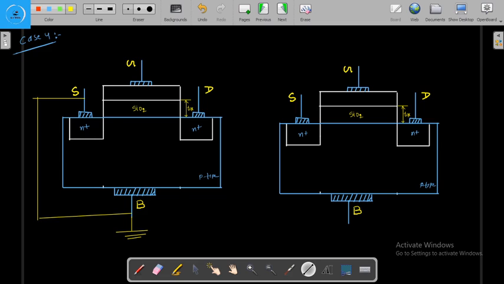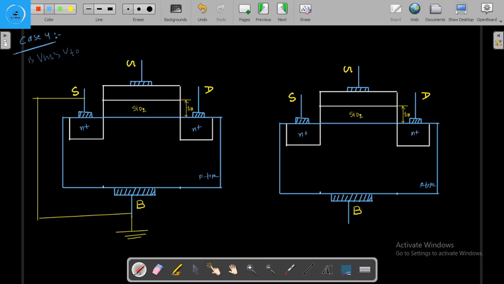So here in this case, we are assuming VGS is applied greater than VT naught. What is VT naught? The threshold voltage. Why are we applying VGS greater than VT naught? Because we have created the channel here.